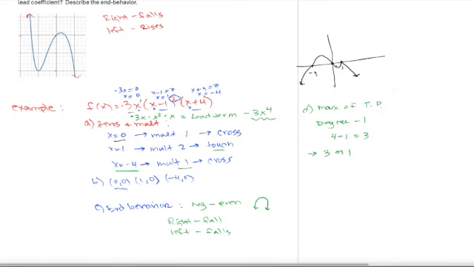And then let's cross-check. At 1, the multiplicity is 2, it should touch, and it does. So again, this gives us the basics of this graph: the ends point down, and whether it touches or crosses at the x-intercepts. The exact height or depth of these local max and min, we don't know exactly yet. But you can see where the turning points will be, right?